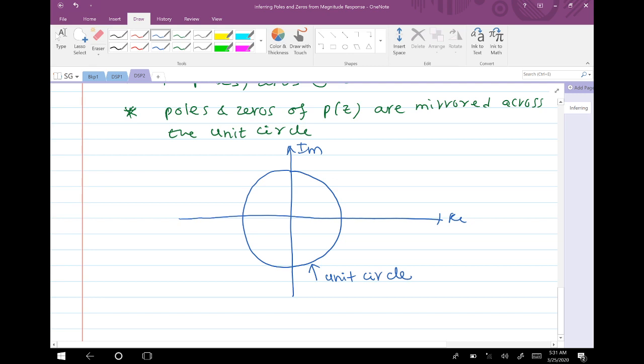Assume that your h of z has, let's say, a pole here. Let's call it p1. Notice that although h of n is real, these values could still be complex, but they have to be complex conjugate poles, occurring as complex conjugate pairs. Please work that result out if it is not obvious to you at this point.